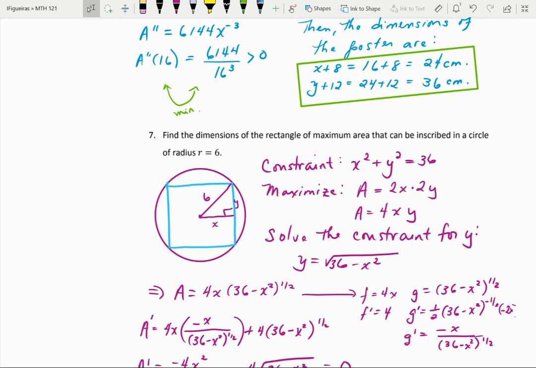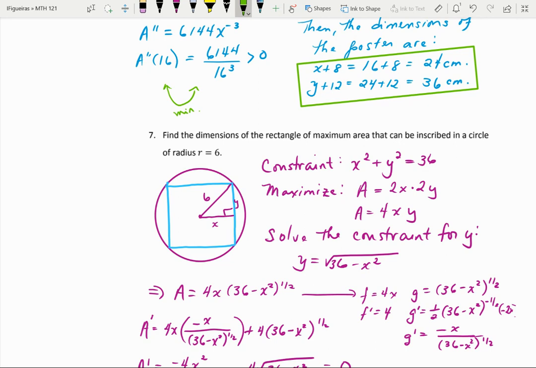So inscribed means that the rectangle's corners must touch the circle. If the radius is 6, then that radius will touch not only the circle, but it's also going to touch each of the 4 corners. So here's an example of what that would look like.